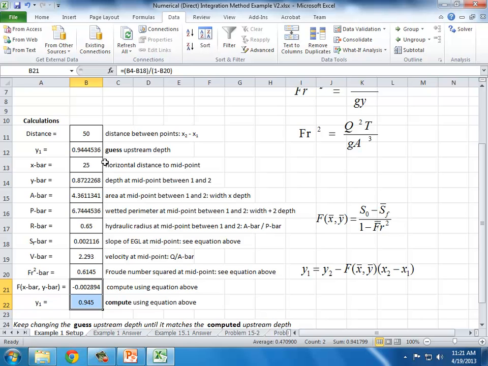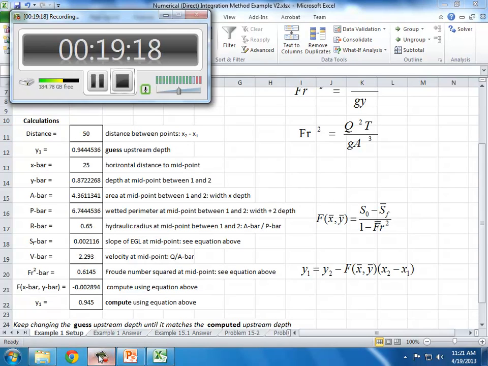And so you're going to be changing around the distance until the unknown depth matches. All right? So we've got supercritical flow, so be sure and use the correct equation, set it up so that you're solving for y2, even though y2 is known. The y2 is going to be this 0.55 meters. All right, I'll turn you loose on that, and I'm going to be wandering around answering questions as you set it up.